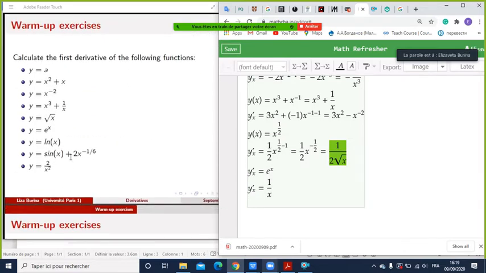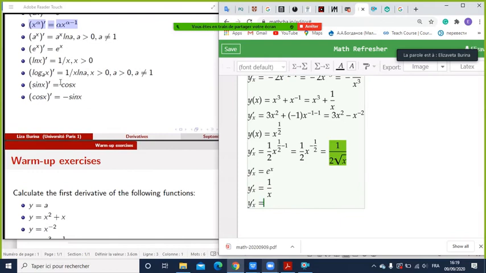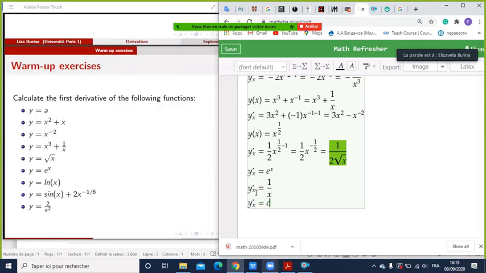And then we have sine x plus 2x to the power of minus 1 over 6. So here it's gonna be a bit more interesting. Well, already for the sine we have the formula, so this is just the cosine. We write it like that. Perfect.